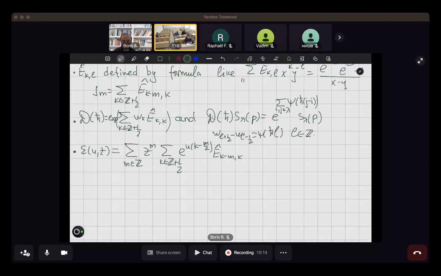And we had the theorem. But I think it makes sense to first recall the starting formula for capital H. Yeah, for sure. It's not just the theorem, but the starting formula.